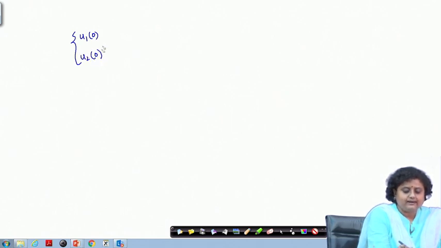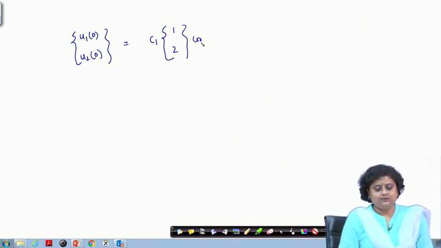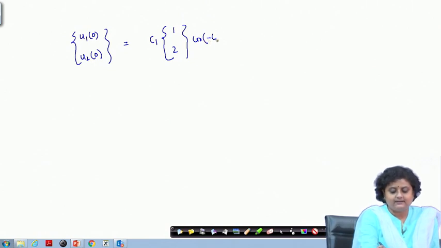The initial conditions u1(0) and u2(0) can be written as C1, the first mode shape, which is 1 and 2, into cos(omega 1 t minus theta 1) at t equals 0, and then C2, the second mode shape, which is minus 1 and 1, into cos(minus theta 2).